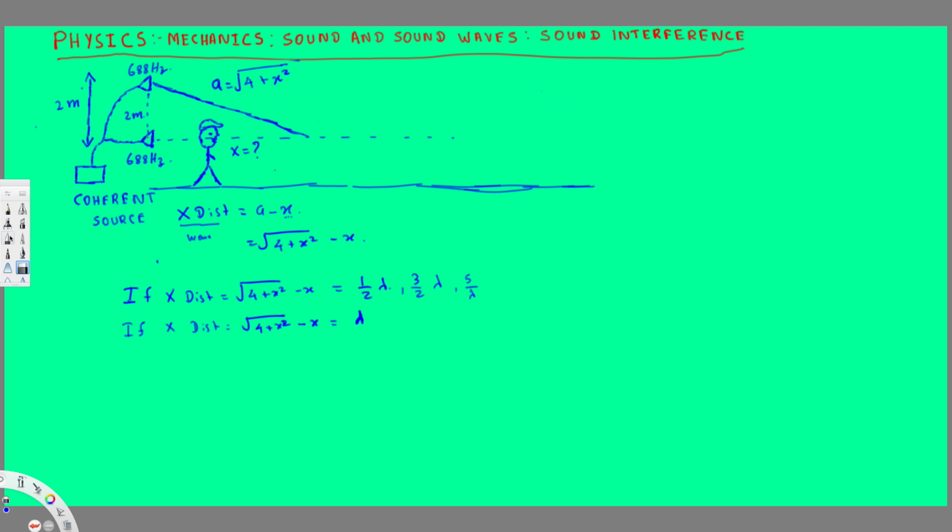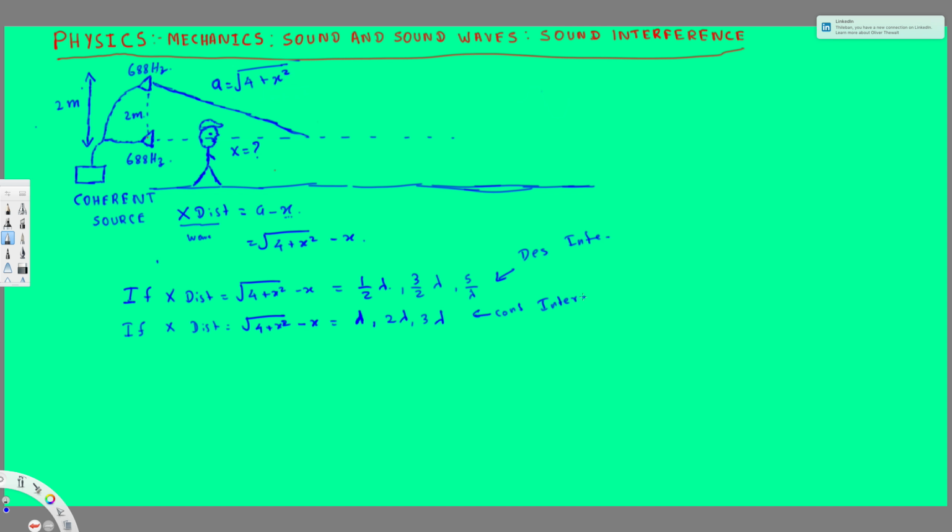So the noise is going to be double too. That's what we can find by equating this one to lambda, 2 lambda, 3 lambda. So this is called destructive interference, and this is called constructive interference.